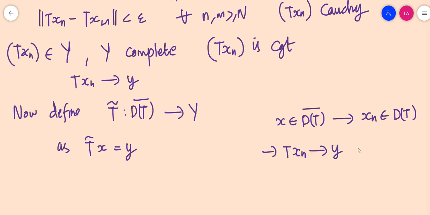This y is called the image of T tilde with respect to x. That's why we define. So T tilde is defined.